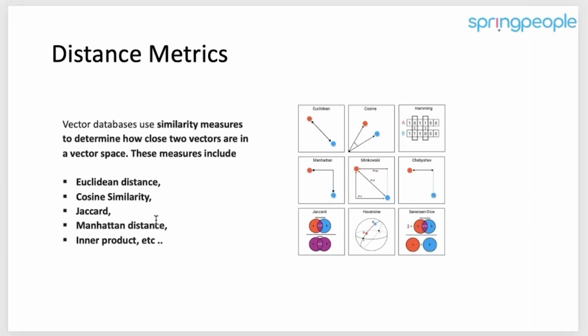called distance metrics. And there are various forms of them, and these same rules or metrics are used whether it is text, an image, or audio.